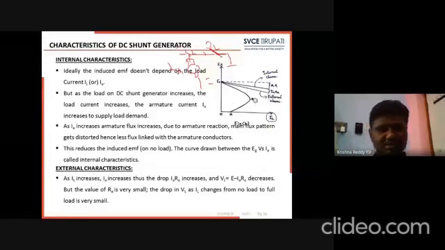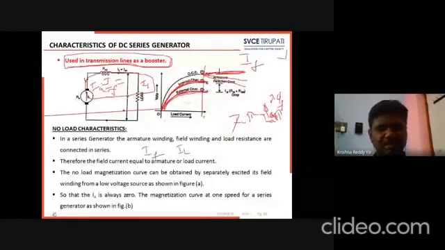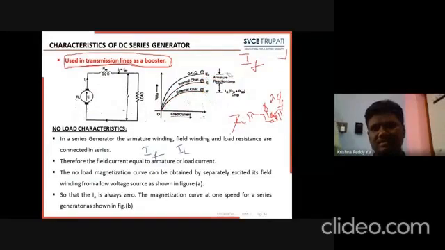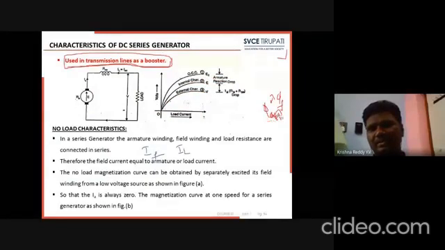But in the DC series generator, all are connected in series. That's why the current flowing in the DC series generator is the same, and we get the characteristics like this. From the open circuit characteristics, by adding the armature reaction drop, we get the internal characteristics.